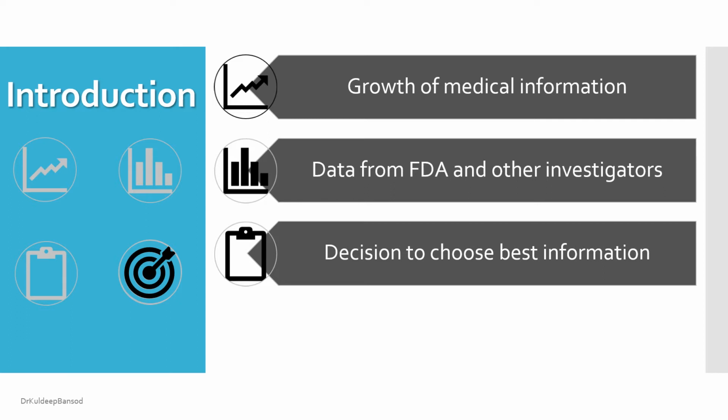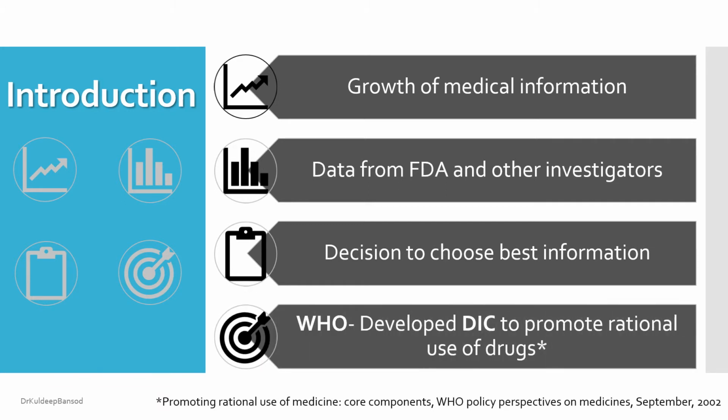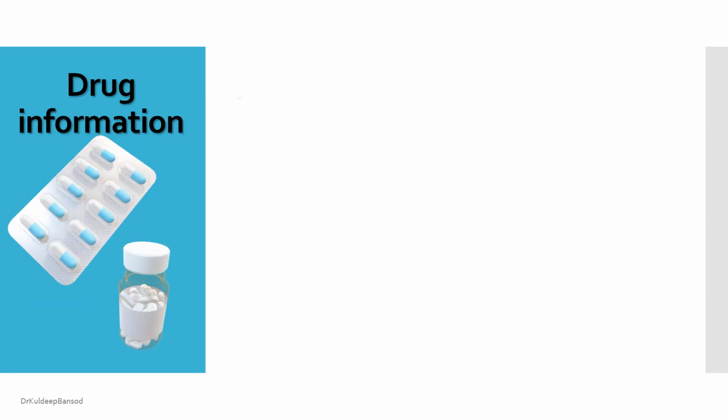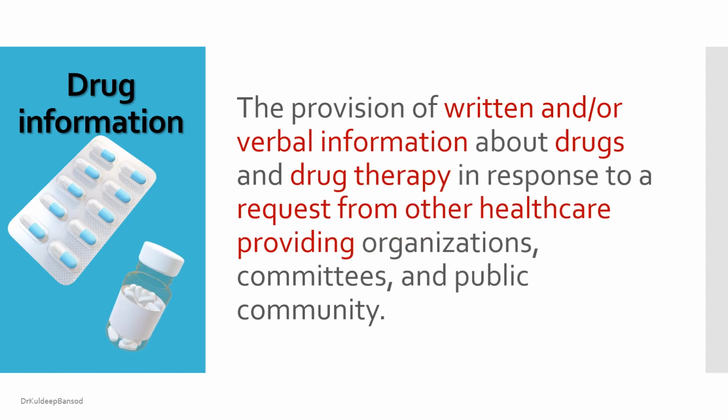For this, the World Health Organization developed the Drug Information Center to provide rational use of drugs. Drug information is nothing but the provision of written or verbal information about drugs and drug therapy in response to a request from other healthcare organizations, committees, and the public community.